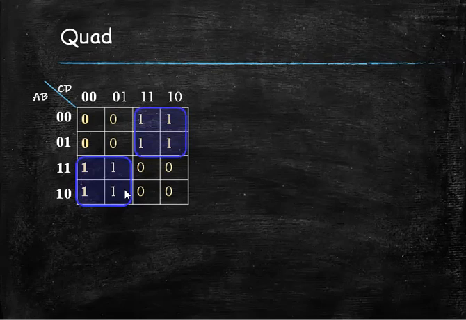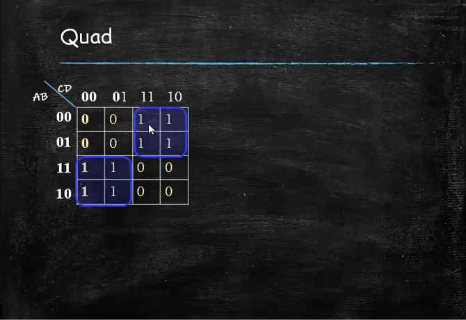There are two quads. For this one, look here: when we move vertically downward, A is not changing, B is changing, and when we move horizontally, C bar is not changing. Then for this, A C bar.